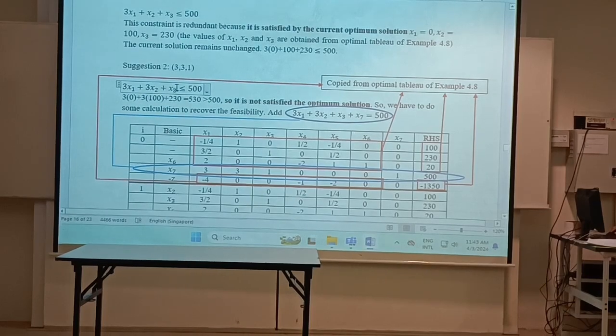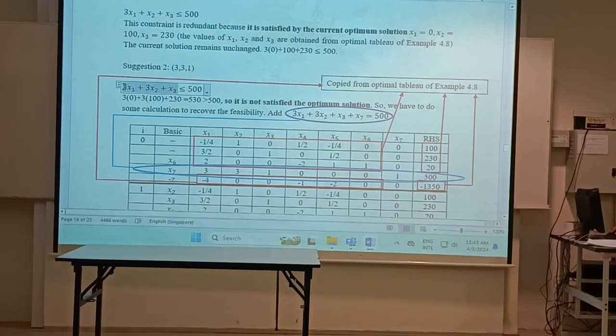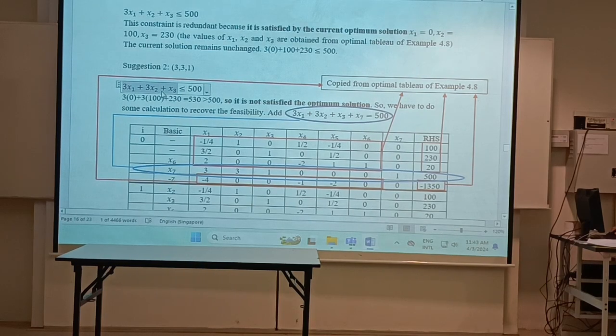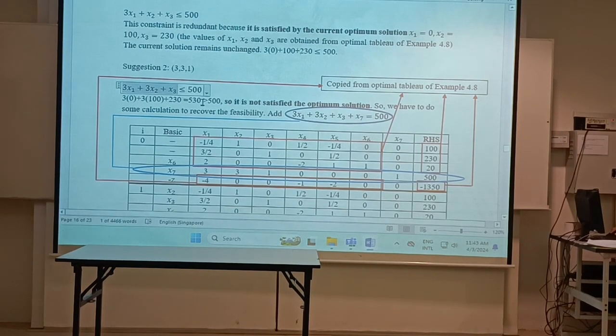We want to check whether our left-hand side is less than or equal to 500 or not. After we substitute in, the left-hand side value is 530. 530 is greater than 500, so it does not satisfy this constraint. If not satisfied, then we have to involve the simplex calculation here.